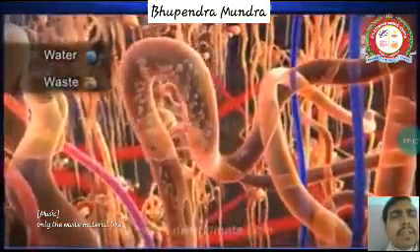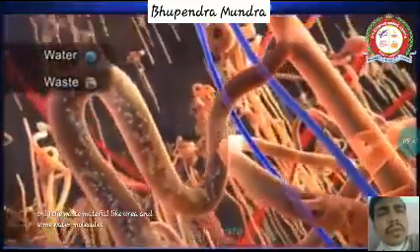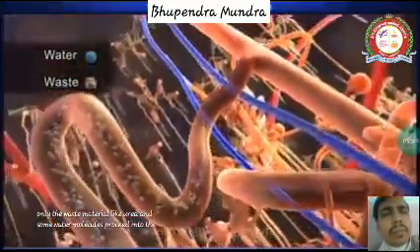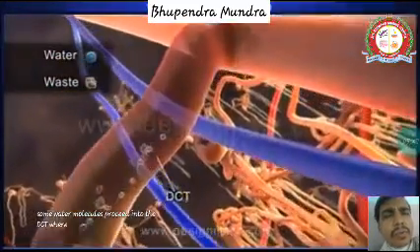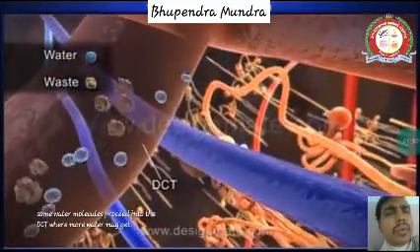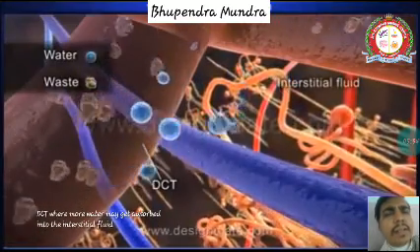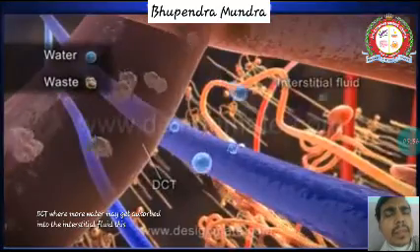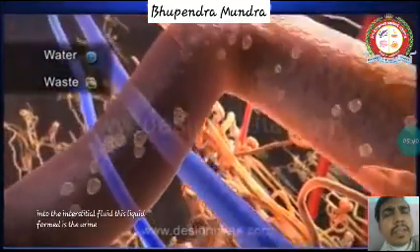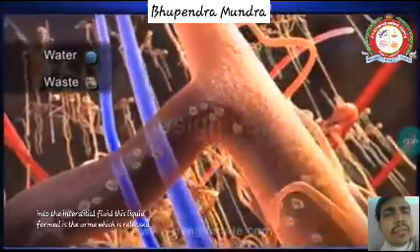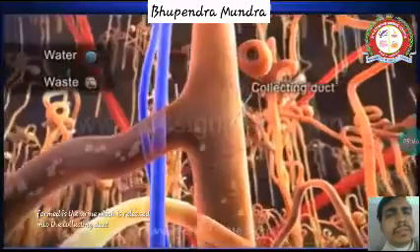Only the waste material like urea and some water molecules proceed into the DCT, or distal convoluted tubule, where more water may get absorbed into the interstitial fluid. This liquid formed is the urine, which is released into the collecting duct.